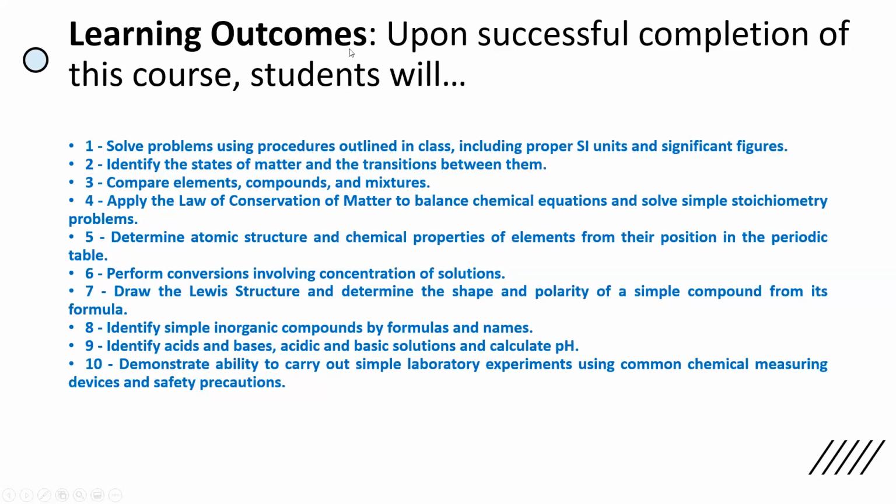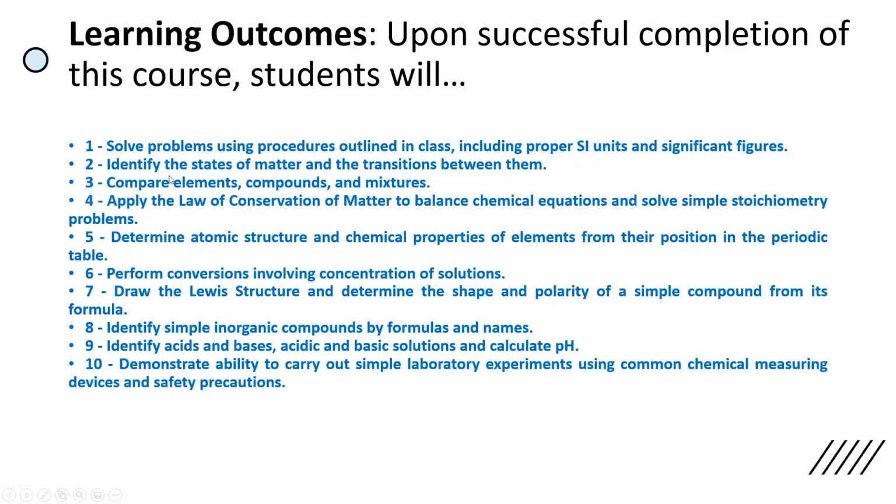The learning outcomes will be: solve problems using procedures outlined in class, including proper units of the international system and significant figures. We are going to identify states of matter and the transitions between them.